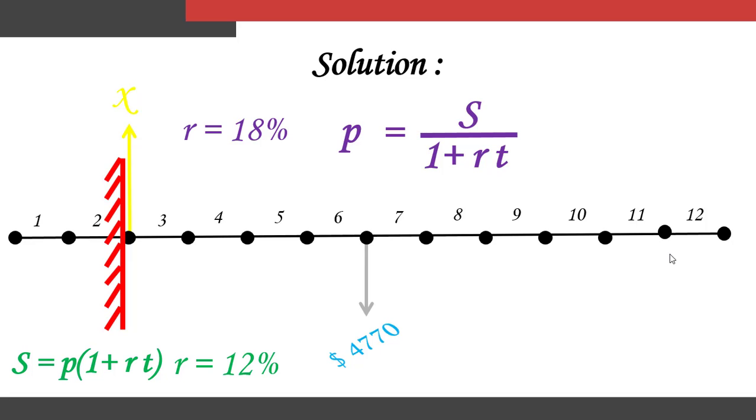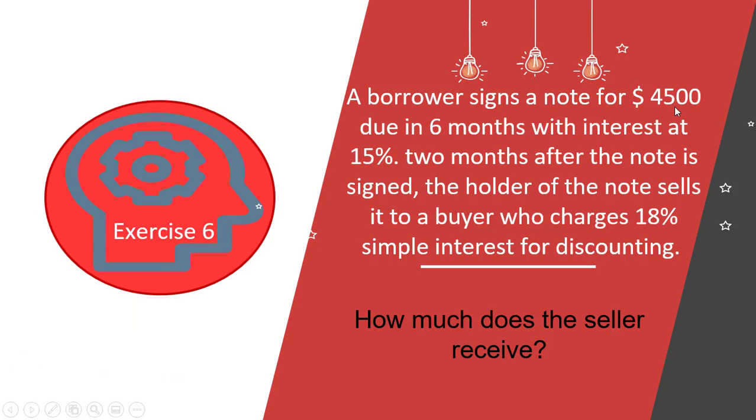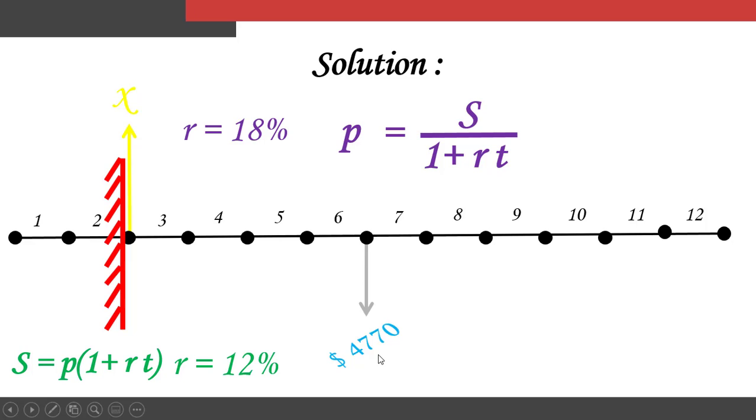By drawing the time diagram, the maturity date of the note after 6 months with 12% rate, the face value of the note was $4,500 and the maturity value for the note becomes 4,770 by using the formula S equal B times 1 plus RT, and the T for the amount is from the beginning to the maturity date of the note.